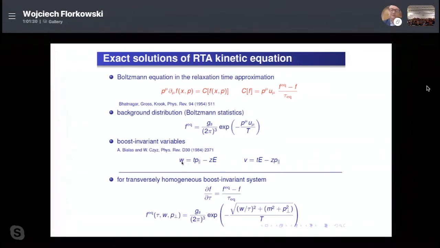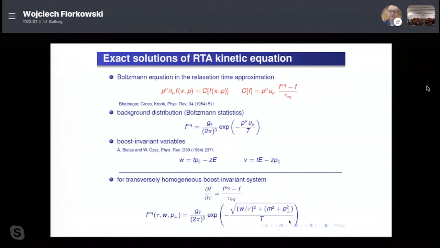And now it turns out that the original Boltzmann equation in the relaxation time approximation simplifies to a quite simple equation, where we have only the derivative of the distribution function with respect to the proper time, and on the right-hand side we have the difference of the actual distribution function f and the equilibrium function, divided by the relaxation time. Now the equilibrium function has this form.